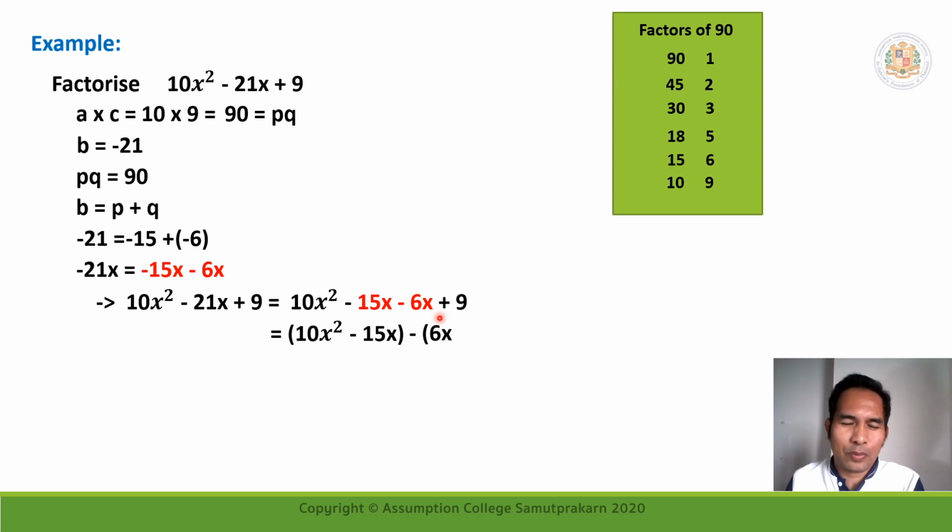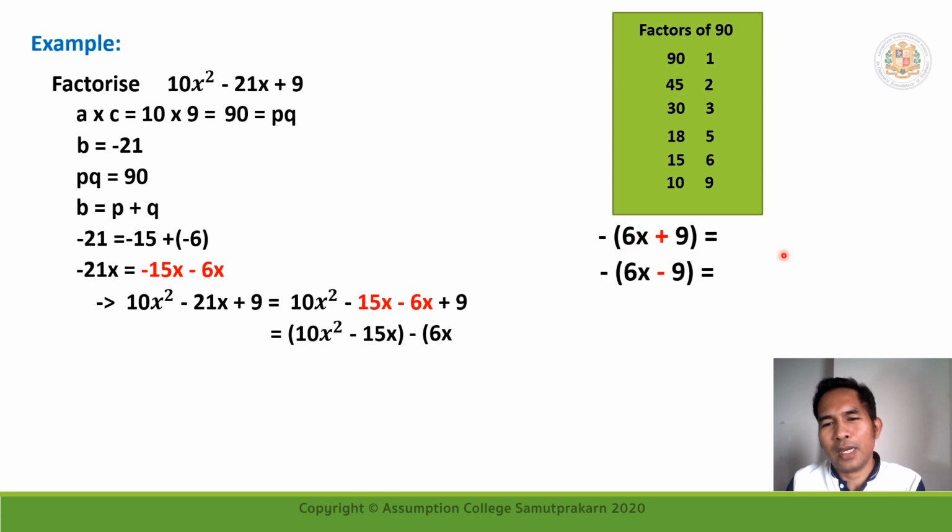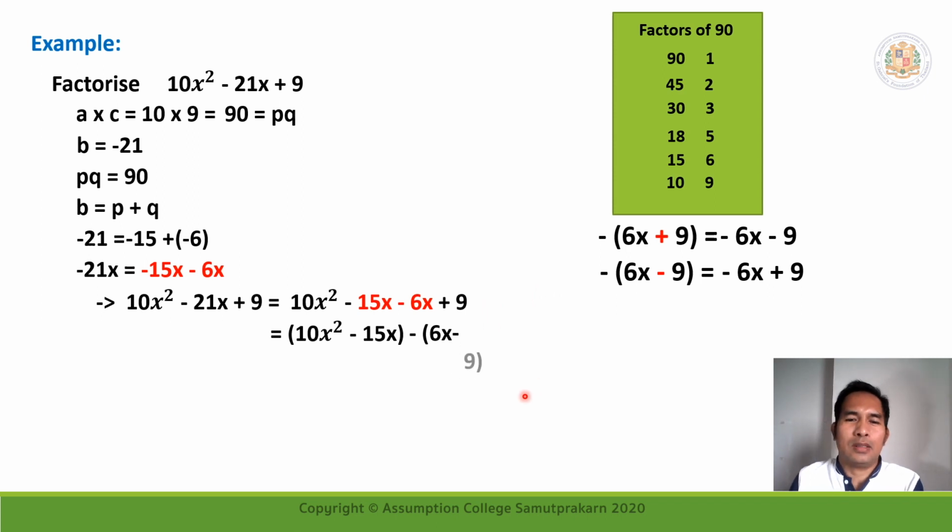If you check here, minus 6x plus 9 keeps the same value. Again, you can distribute this negative sign: minus 6x minus 9. But you will change the sign here. If you distribute the negative sign, it is minus 6x and this one is plus 9. So therefore, use this one. Put the bracket, but change the sign from positive to negative.